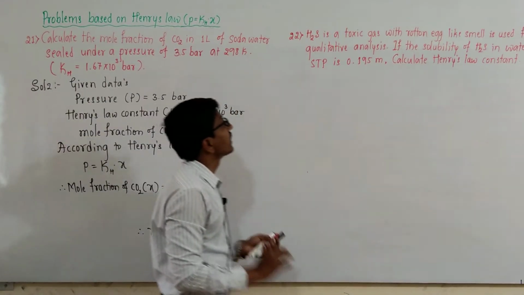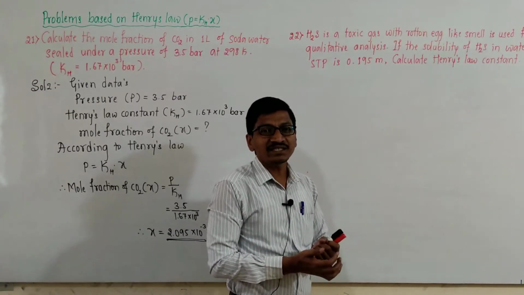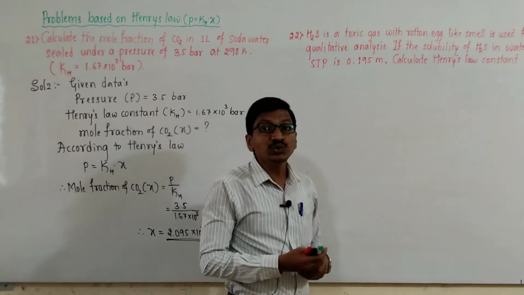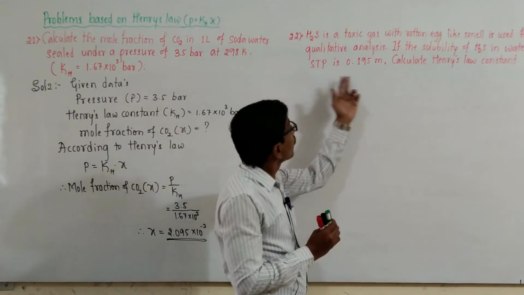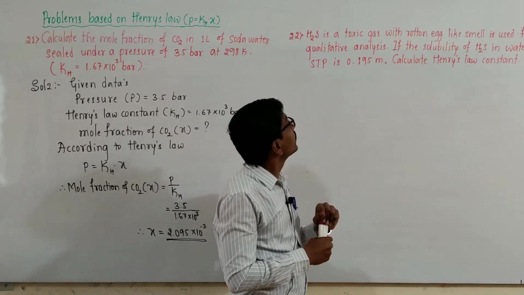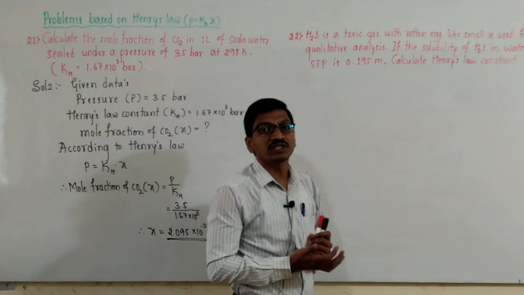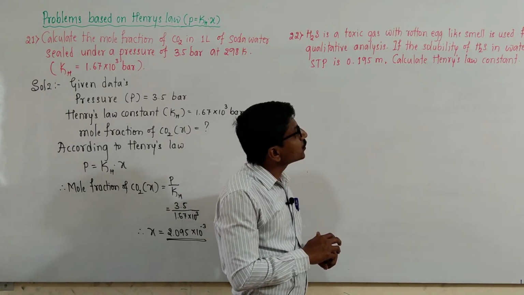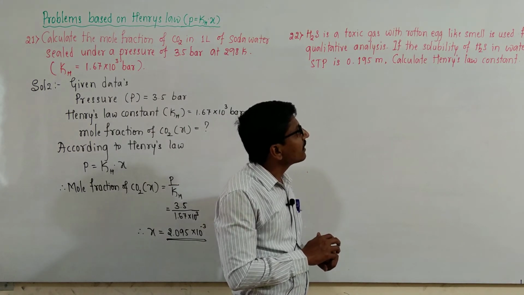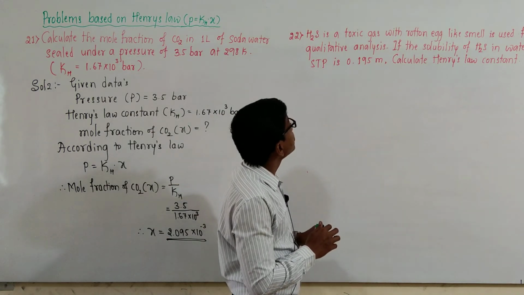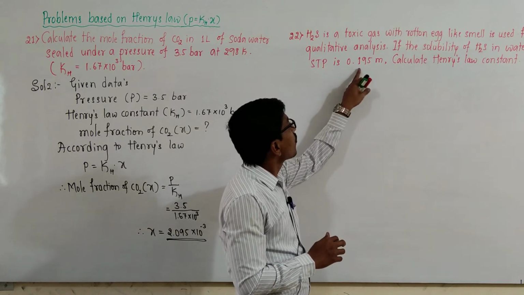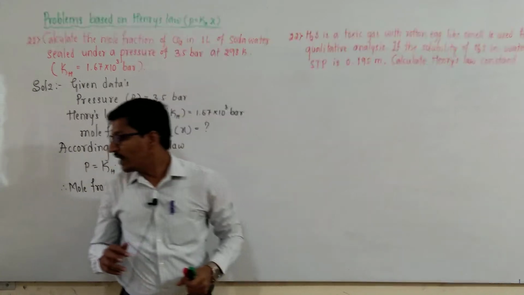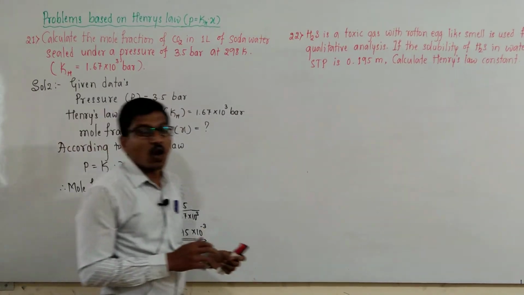See what they have given: H2S is a toxic gas with a rotten egg like smell, used for qualitative analysis. If the solubility of H2S, hydrogen sulfide, in water at STP is 0.195 molal, they ask us to calculate the Henry's law constant.